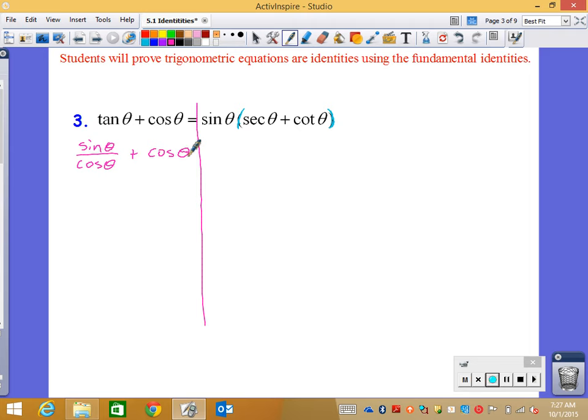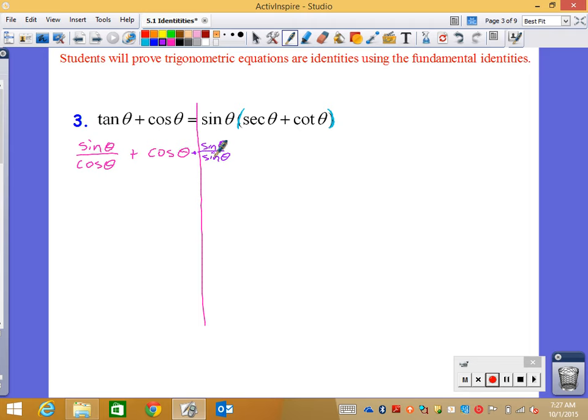Now you'll notice what I want to end up factoring out is this sine theta. But at the moment, I don't have a sine theta with my cosine theta. So what I'm going to do is multiply my cosine theta by sine theta divided by sine theta.